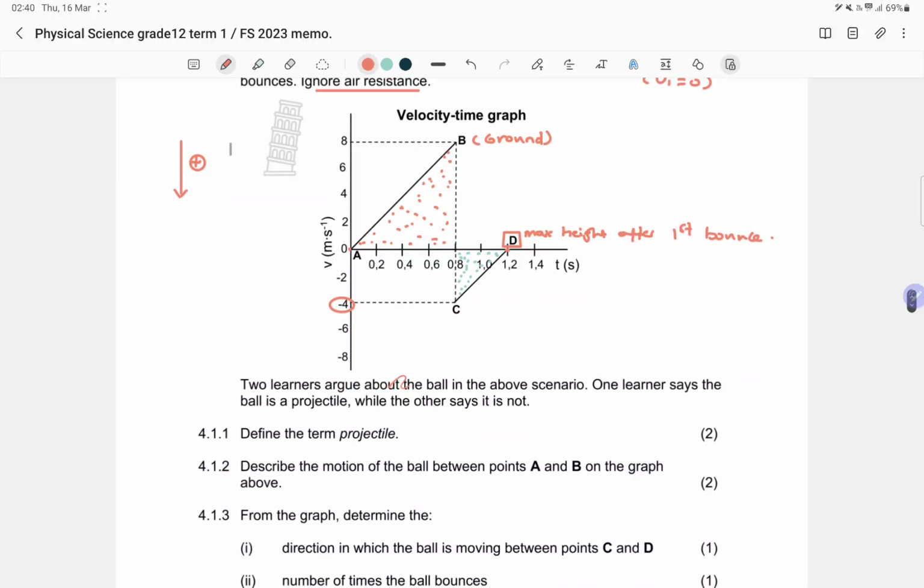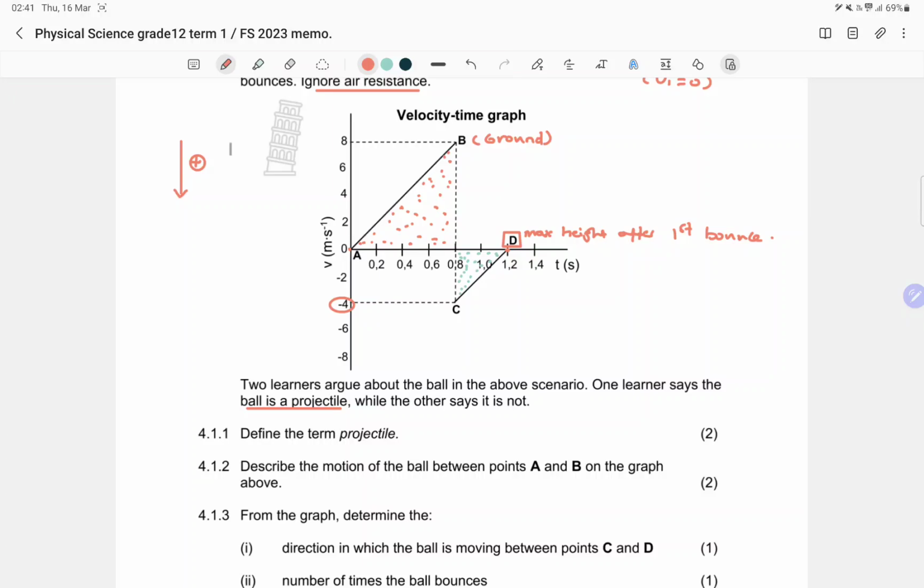So the two learners argue about the ball in the above scenario. One learner says the ball is a projectile. Well, that one is lying. Definitely it's not a projectile. Why? Because it dropped, so we didn't give the initial velocity.